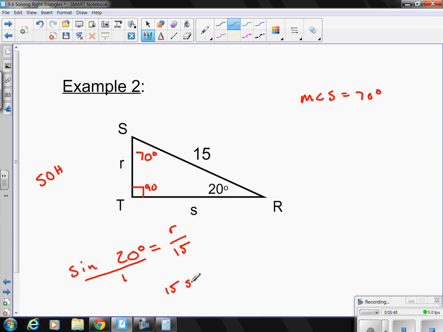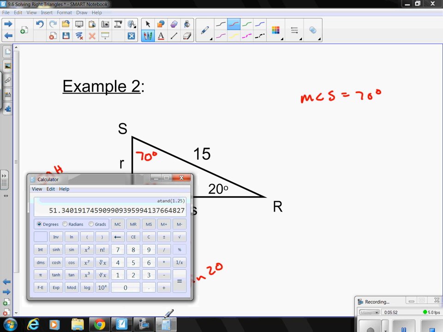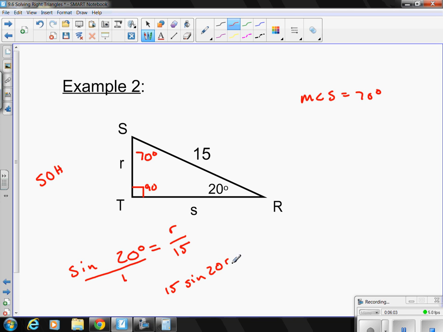So I want to find 15 times the sine of 20 degrees. So I'm going to do sine of 20 first. Multiply that by 15. 5.13 is the length of R. And I still need to find S.